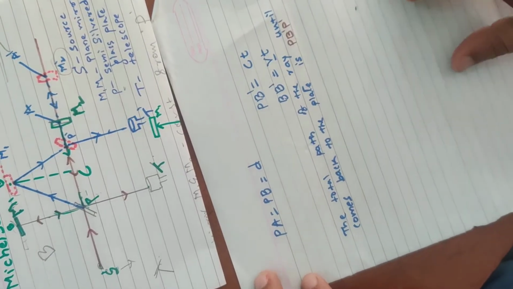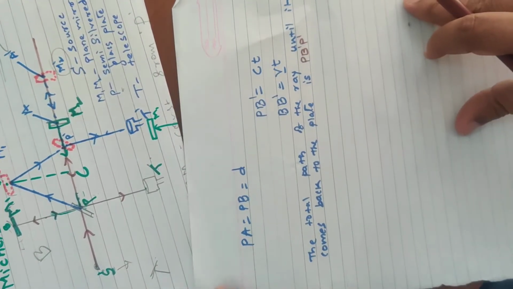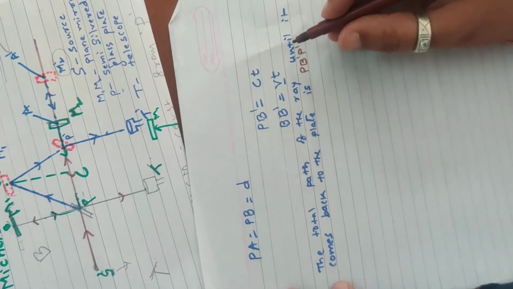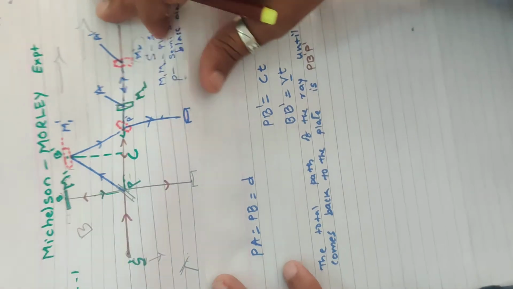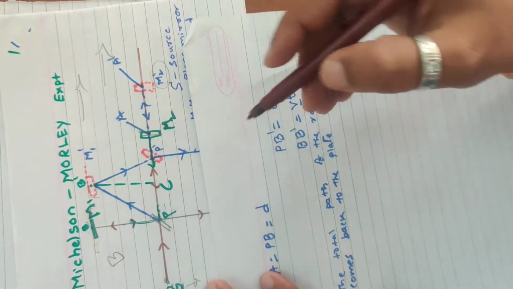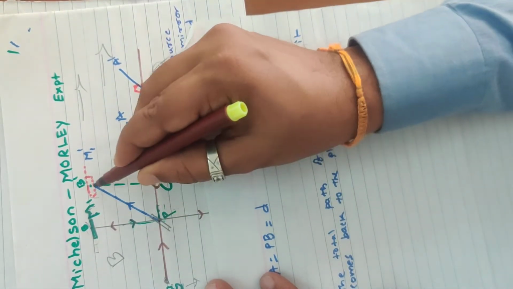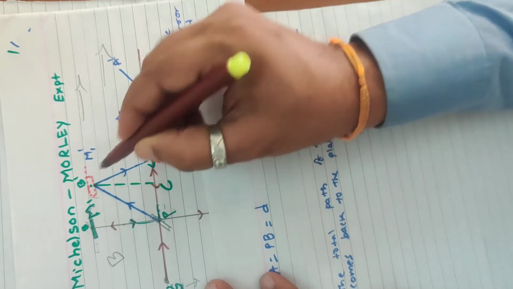Now the total path of the ray until it comes back to the plate, what is that? That is PB dash. From here the light hits this point and it comes to that.